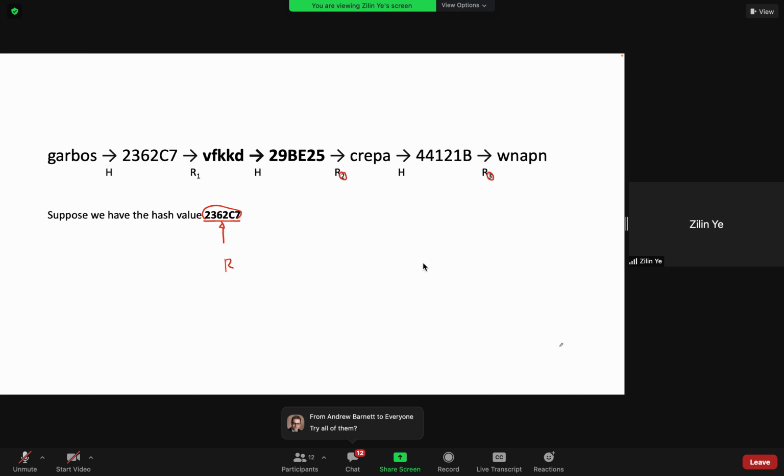Well, actually, because we are running out of time, I'm probably just going to tell you the answer. The answer is very simple. We assume this hash value is the last hash value on the chain. So first, I assume this is the last hash value on the chain.